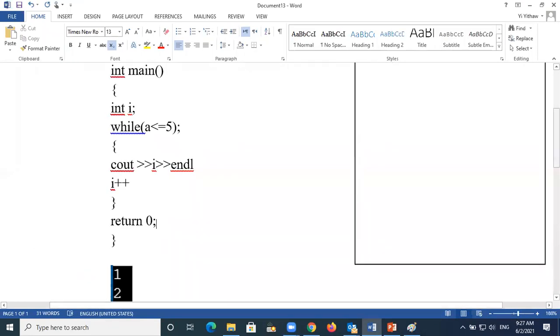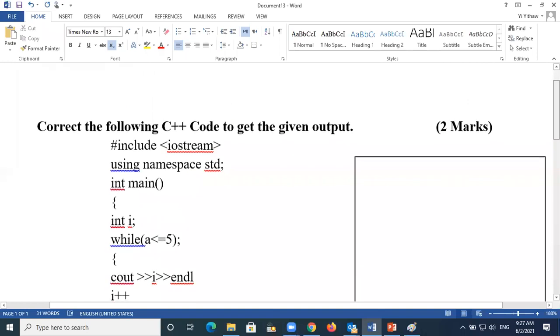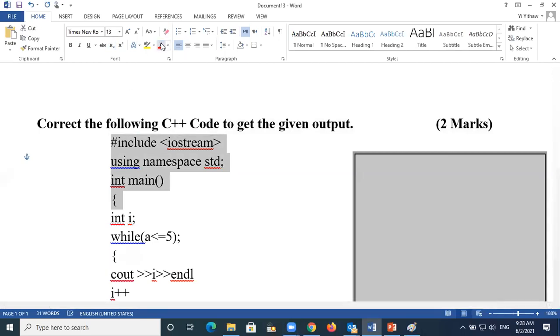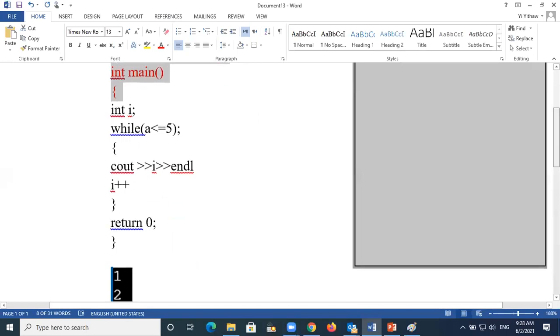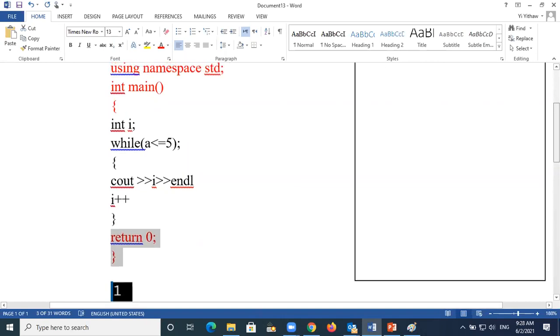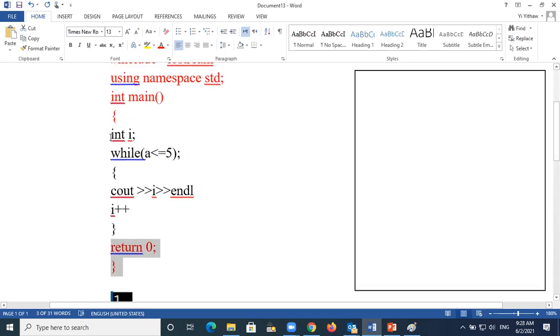You already know that the first 4 lines are the same, they do not change. The last 2 lines also do not change. So only these lines you have to check. What is the mistake here?